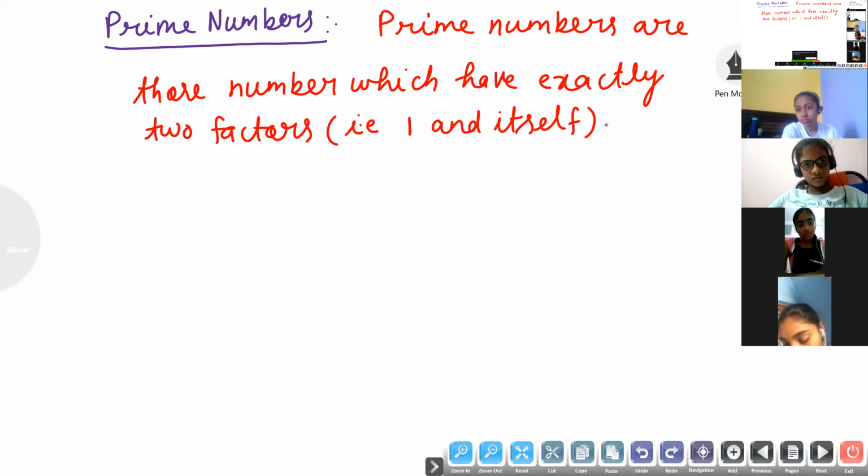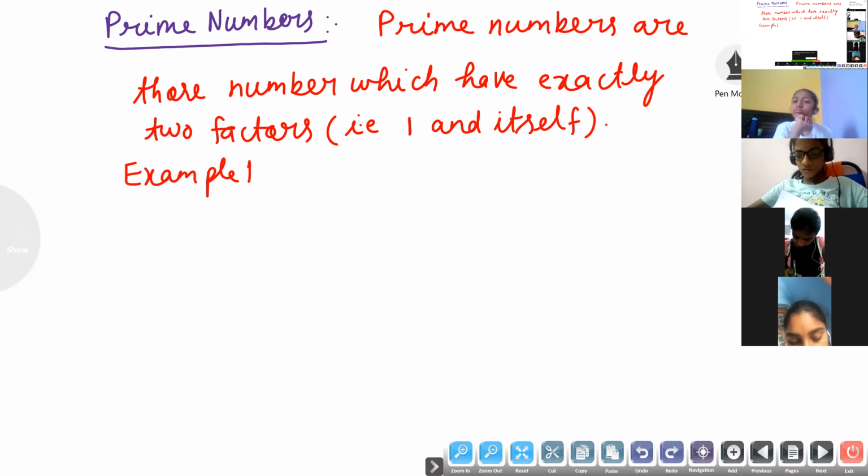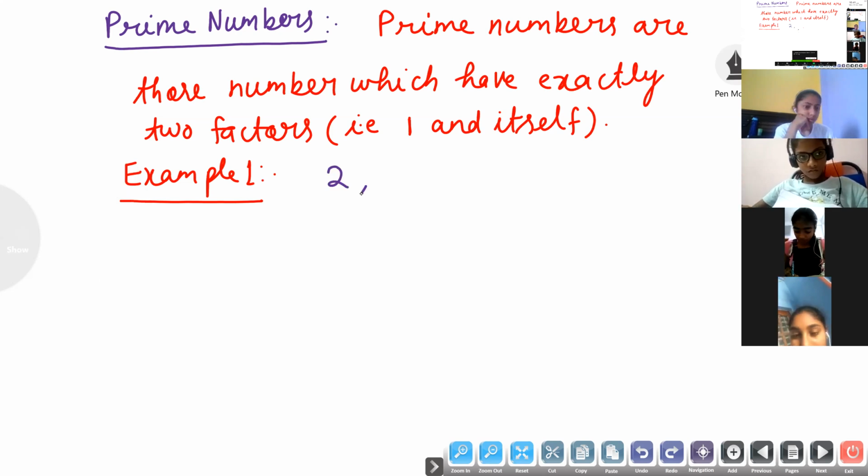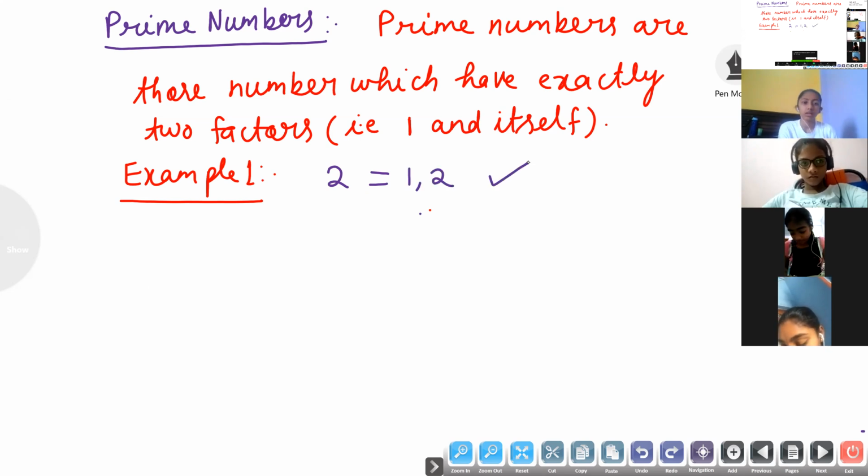Example. First, 2 is a prime number. Yes. Why? Because 2 is coming in the one table and the two table. 3 is a prime number.